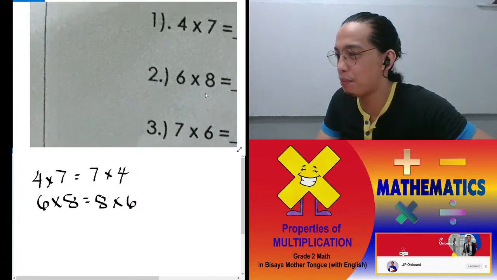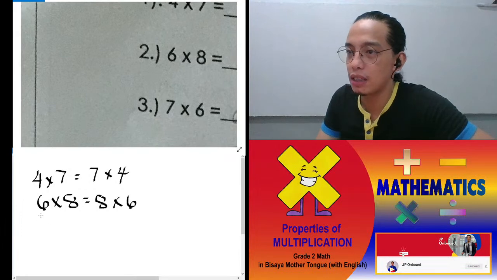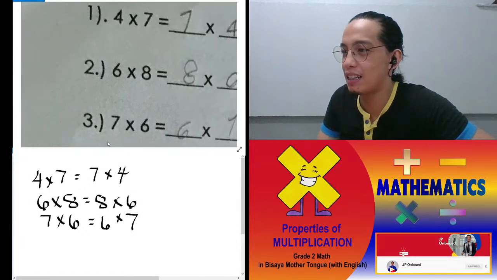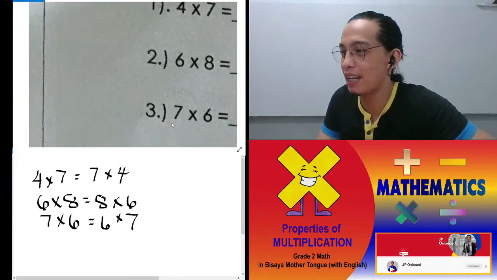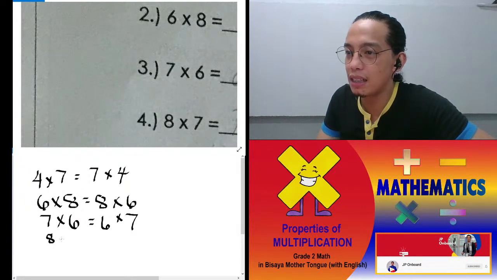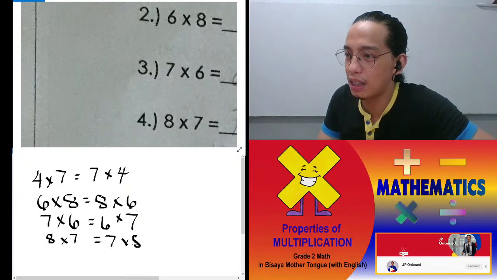Let's have another example. 7 times 6. Reverse it and it's 6 times 7. Right. Next, 8 times 7. Reversed, it's 7 times 8.